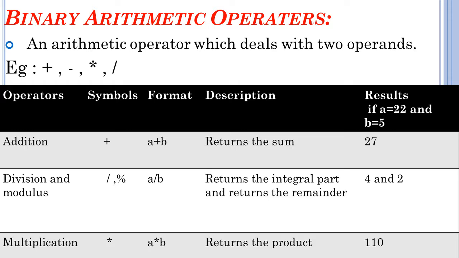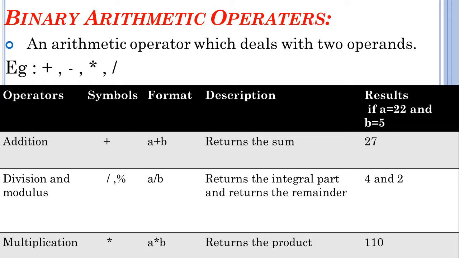Something fraction, something means remainder will be there, right? Modulus is used to return the remainder. See here for the first example, 22 by 5 means the division value will be 4 and the remainder is 2, right? 4 fives are 20, so the division value will be 4 and the remainder is 2. That is about division and modulus.